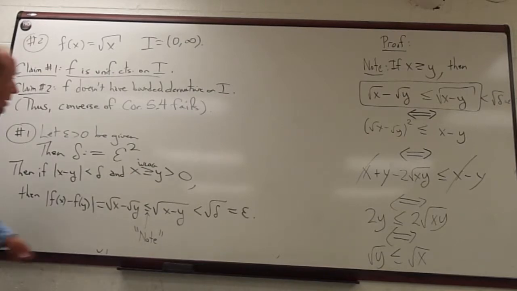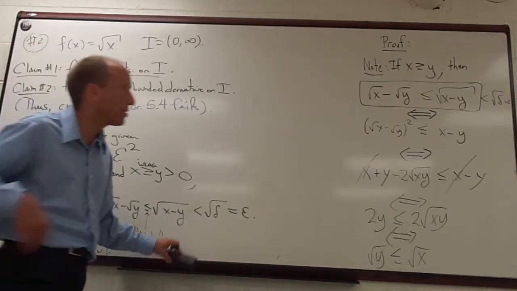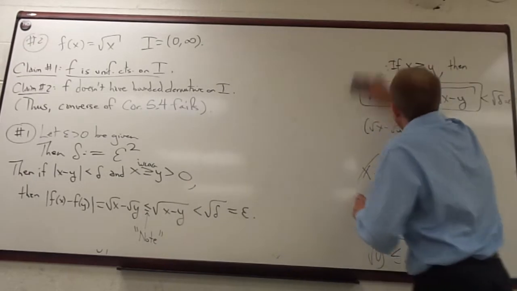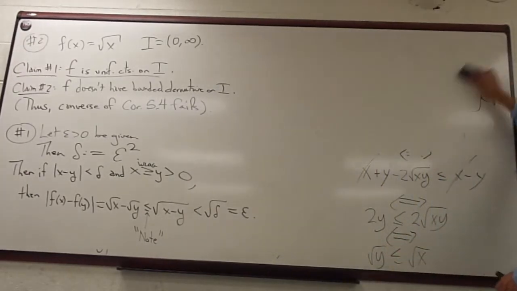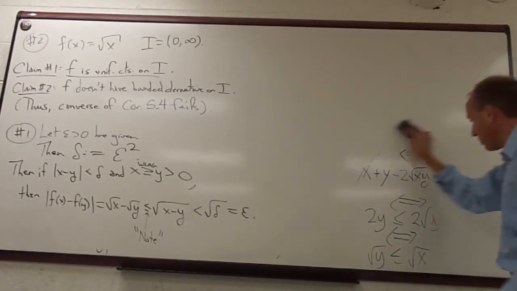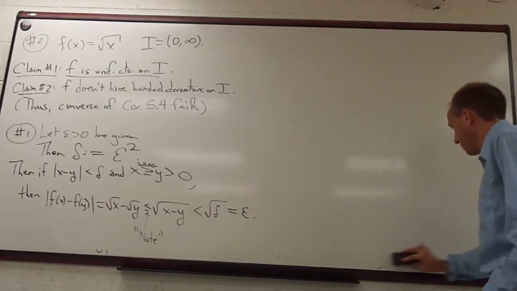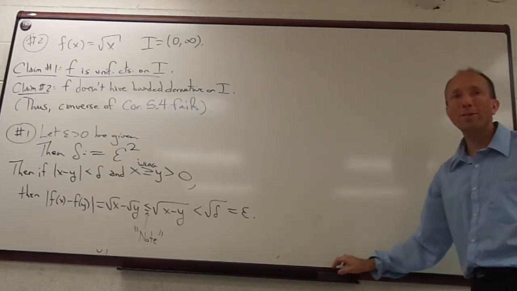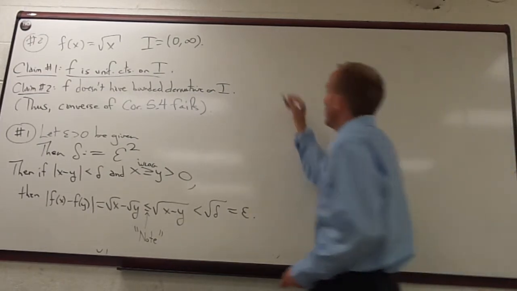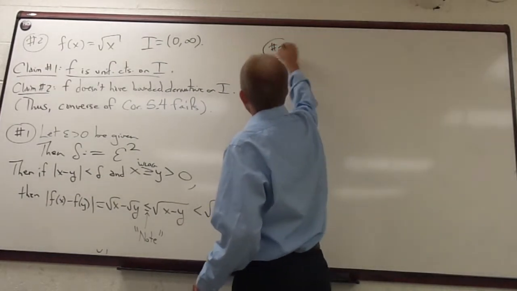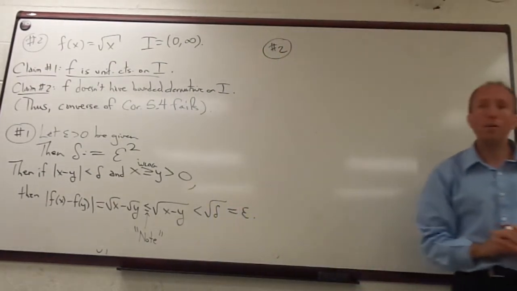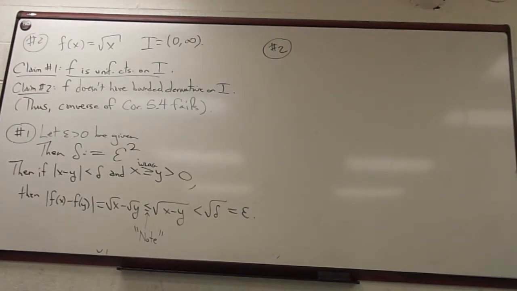What about the second claim? I guess we can talk about that next. Second claim is f does not have a bounded derivative on the same interval. Someone, do you have a suggestion how to tackle f not having a bounded derivative?